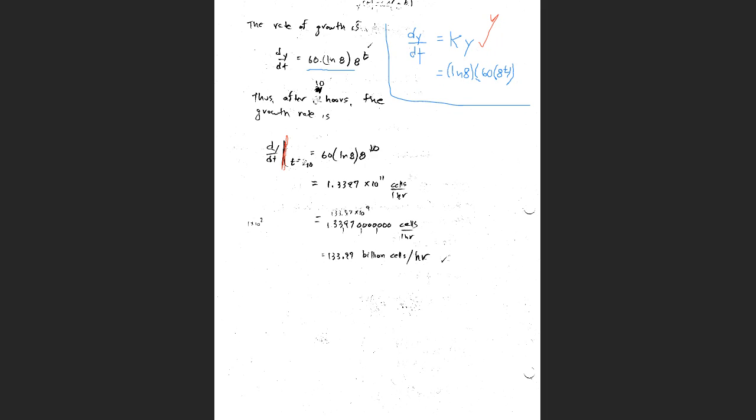Now try typing that on your calculator. And you're going to get 1.339670001 E11.